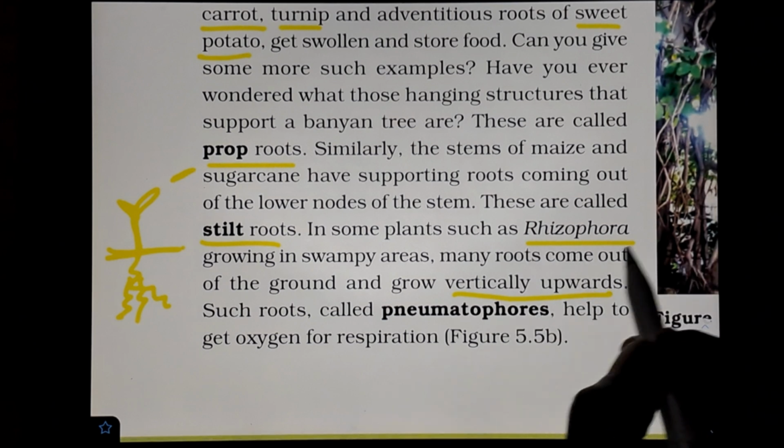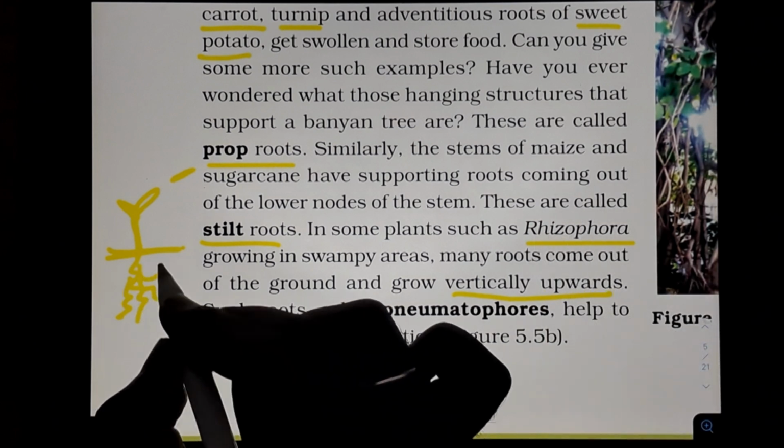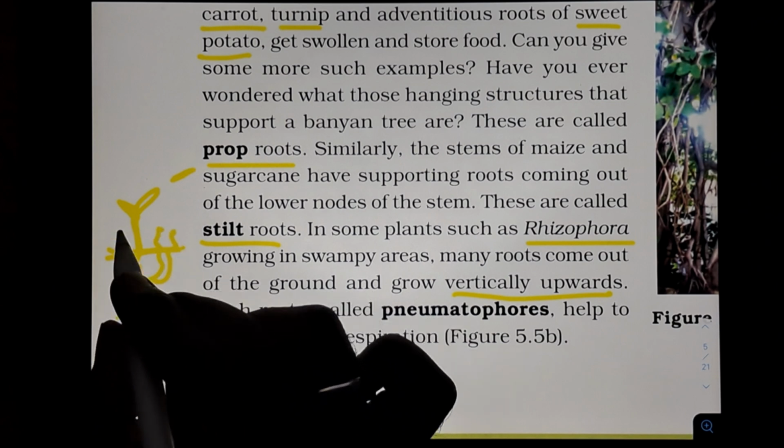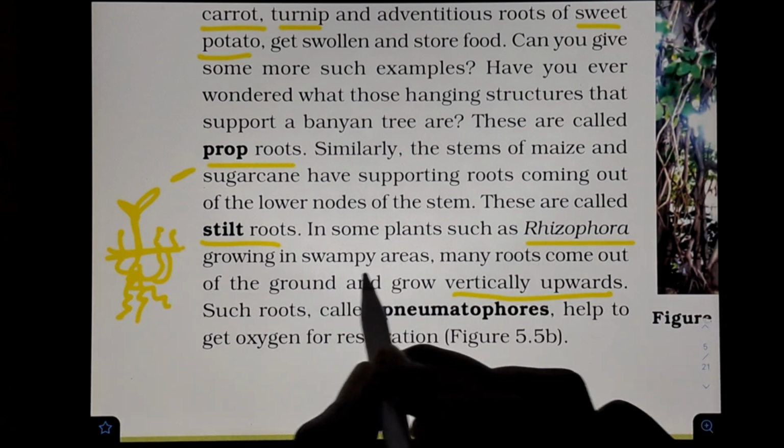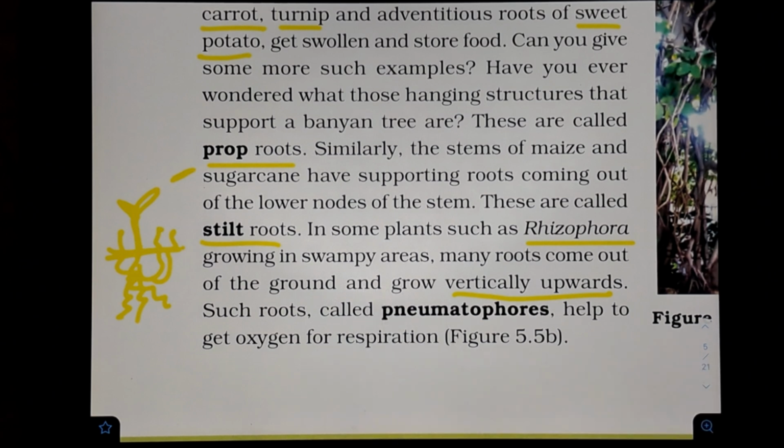But in case of Rhizophora, the roots will grow upward because these Rhizophora plants live in swampy areas, watery grounds. In that case, to breathe for respiration purpose, the roots go vertically upward. Such roots are known as pneumatophores. They help to get oxygen for respiration.